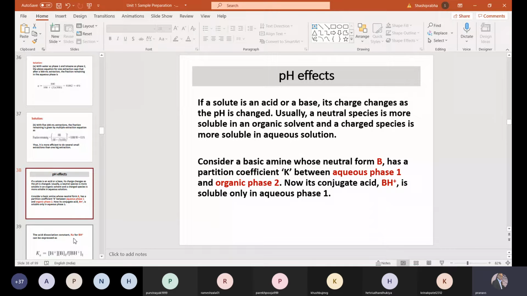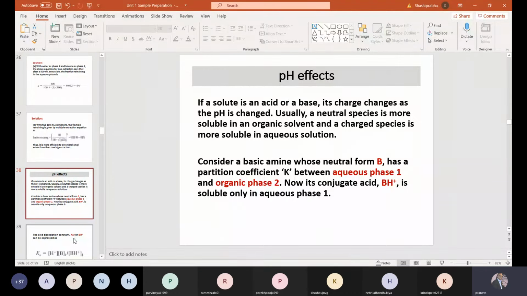We did not study anything regarding charged analytes, because when we work with real samples, you don't always come across neutral species which we want to extract. There could be charged species as well. So there would be pH effects. There could be a case where the pH of the sample may not be 7. It could be 9, 4, 5, or 6.